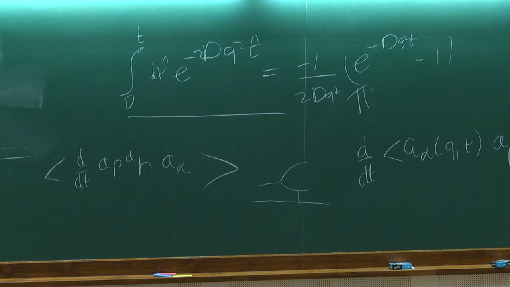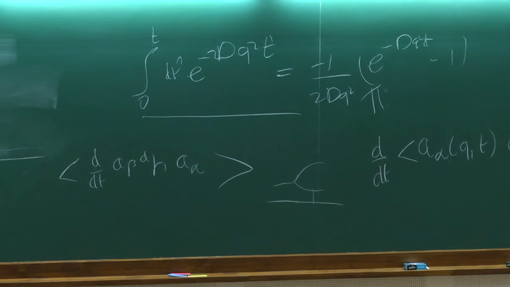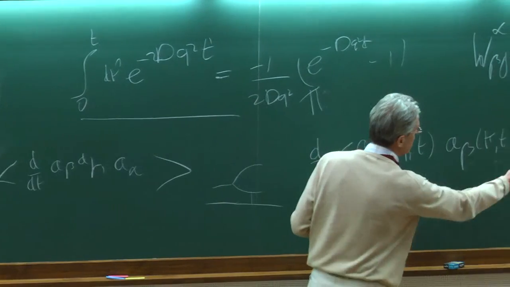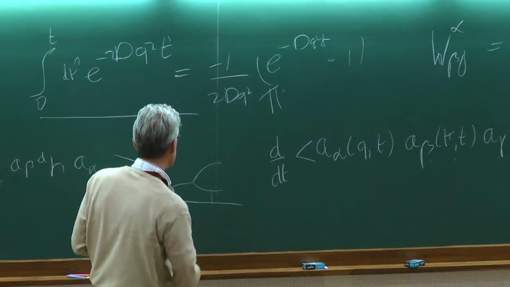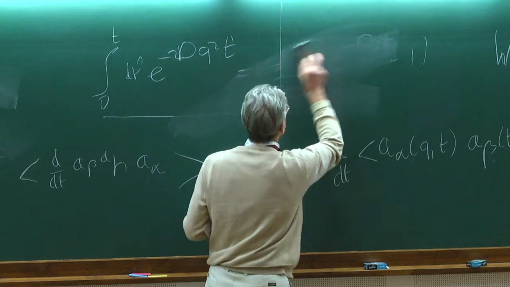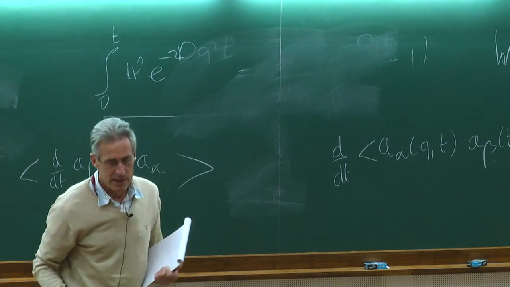And the idea is, if these modes do not satisfy this property that products of 3 vanish, let's redefine the modes a little bit so they do.